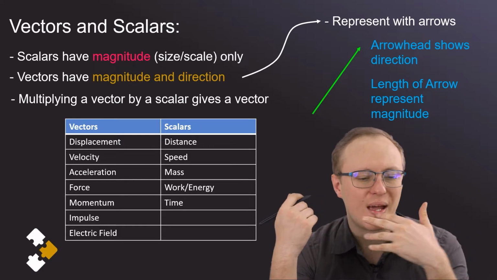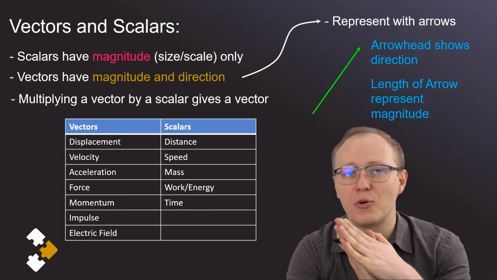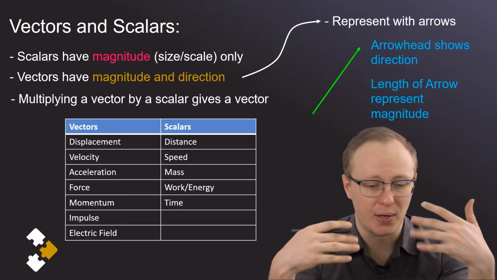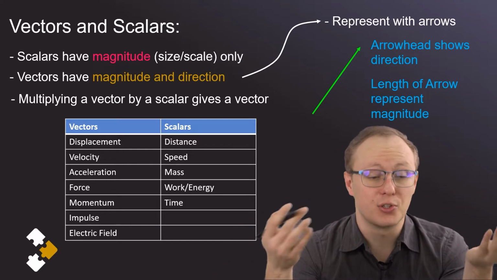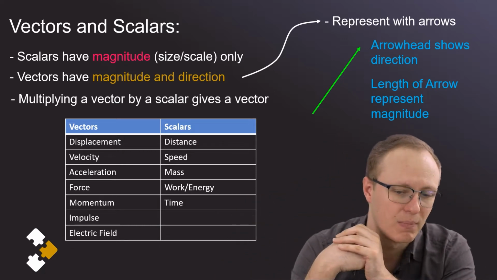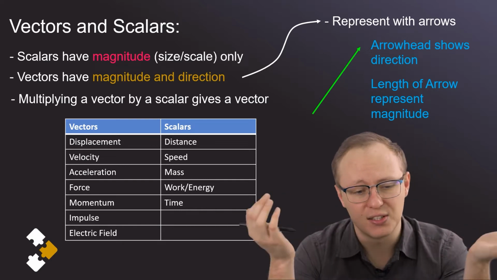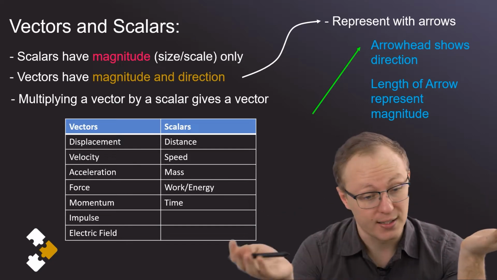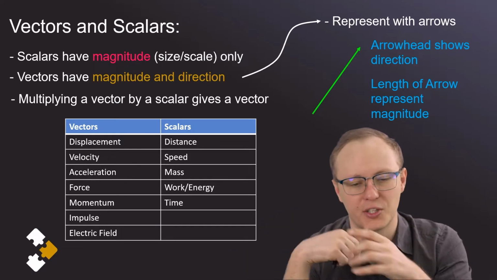So if it's got a magnitude and it's got a direction, you can use an arrow in order to represent it, and if you've got that arrow, you can use that in order to do the same sorts of calculations, addition, etc. Whereas scalars are those things that only have magnitude, so distance, speed, mass, work, and energy, and of course time is only going to go in one direction, isn't it?